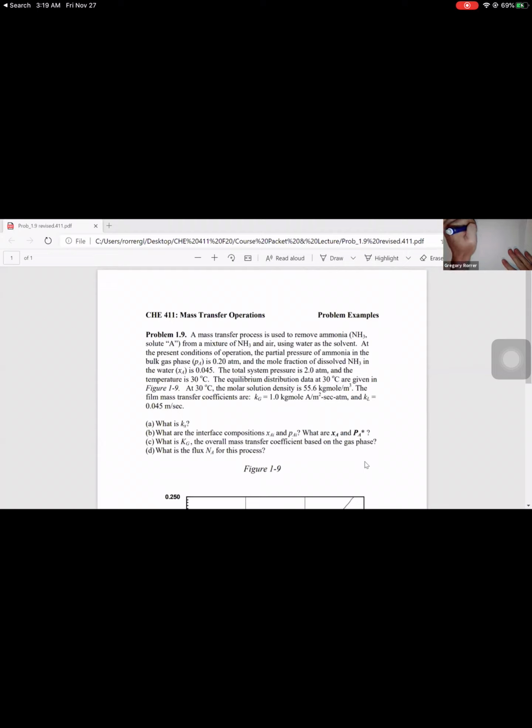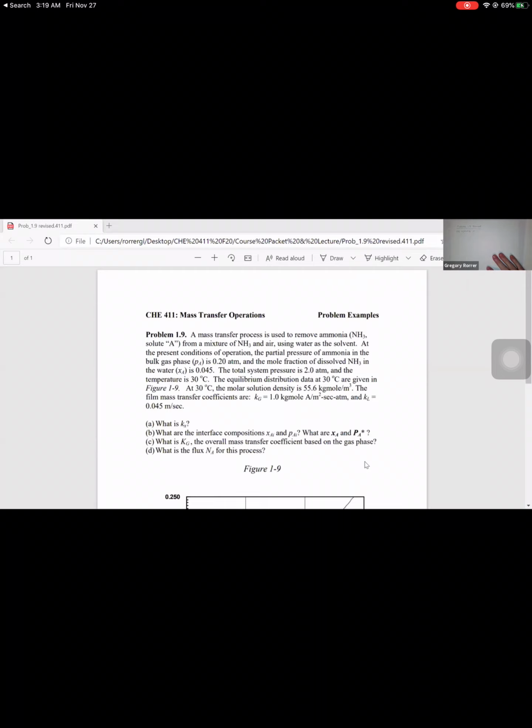All right, so this is problem 1.9. It's revised. I made a little bit of change from what's in the course packet. And whenever I do that, I give you the changes, so you have that available to you. All right.